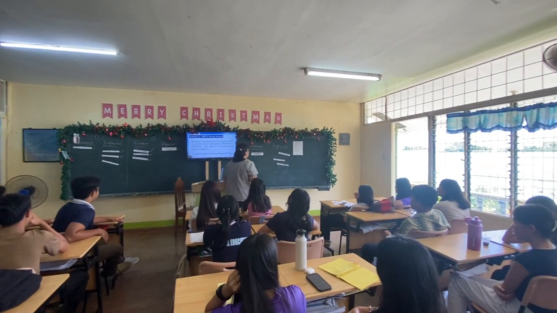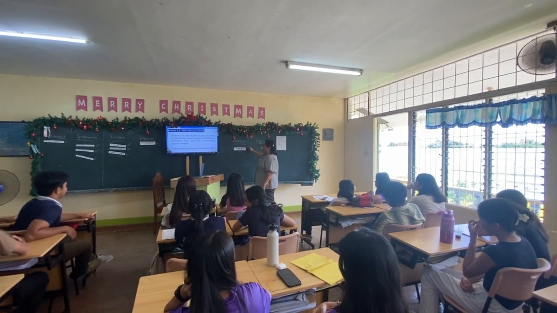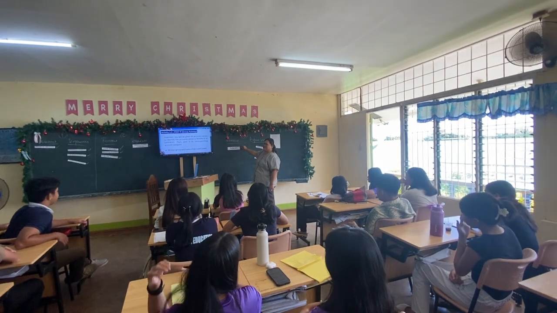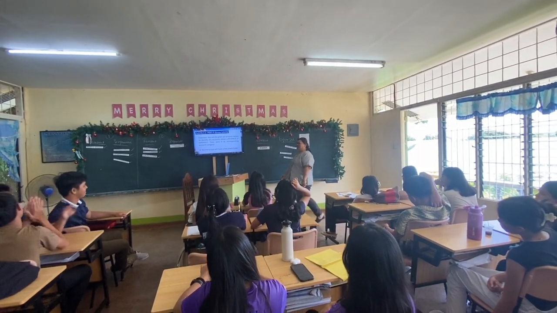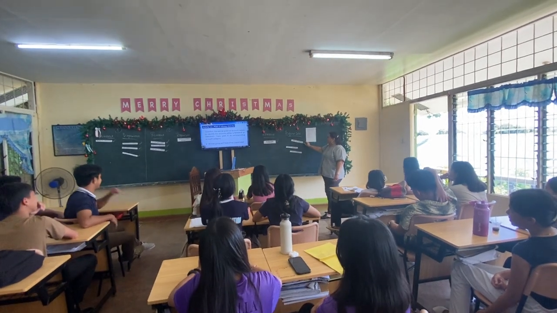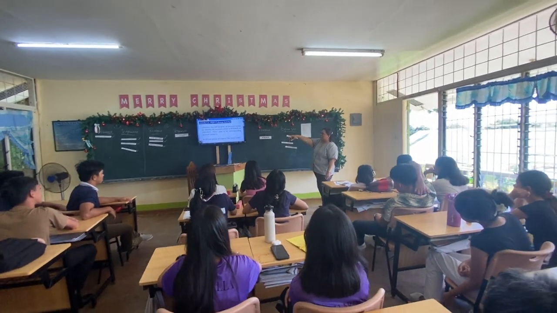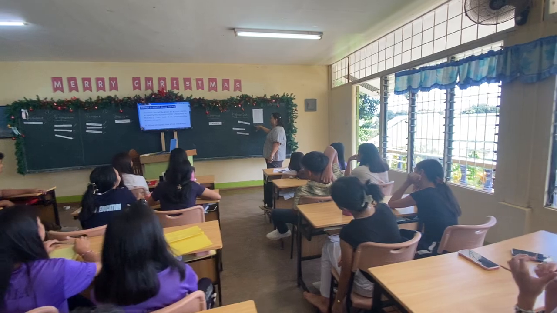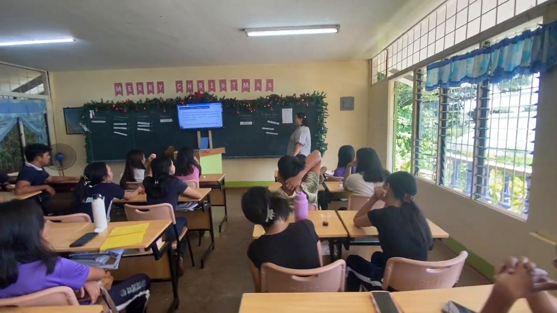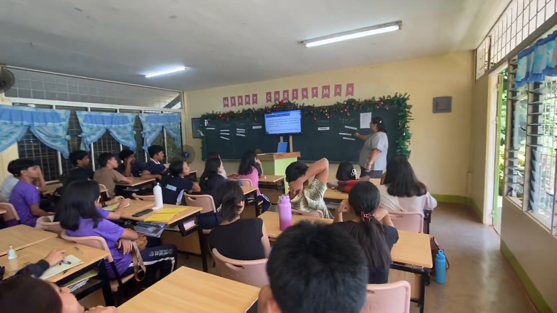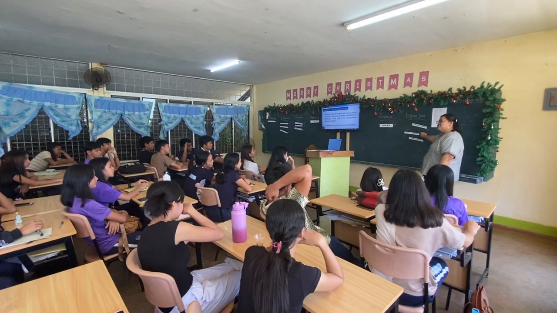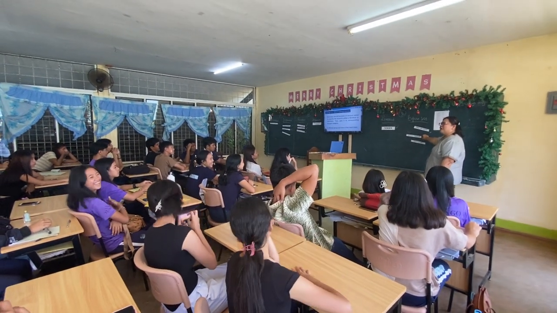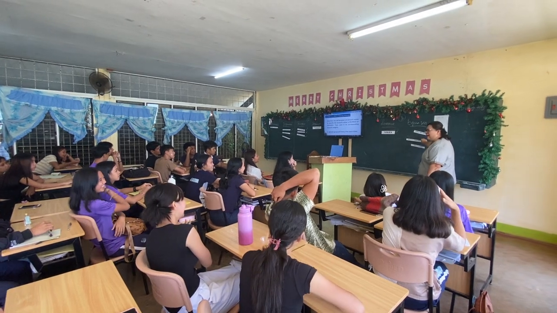Okay, how about sales? There's also a loss on sale of property, plant, and equipment. Okay, we have the travel expenses. Travel. Okay, so you're going to travel out of town.